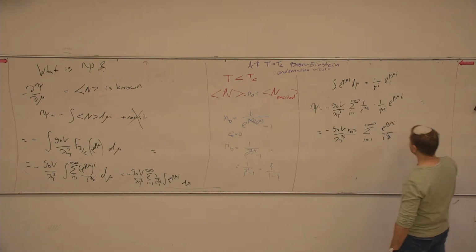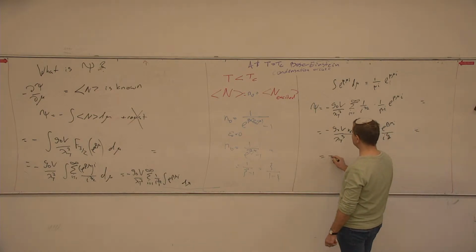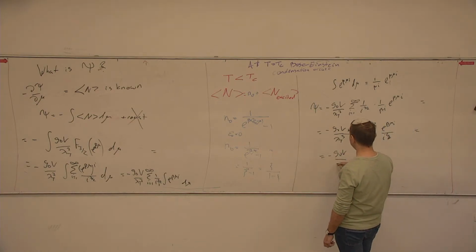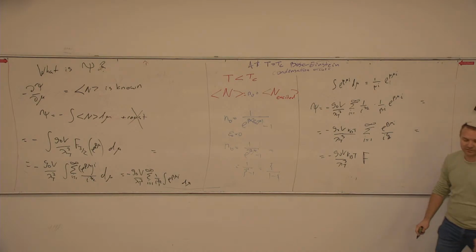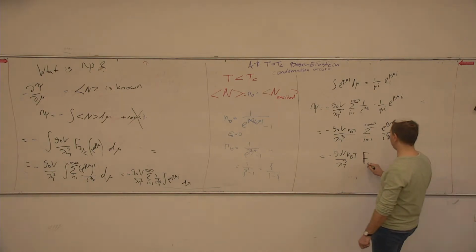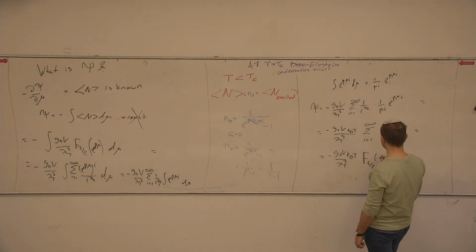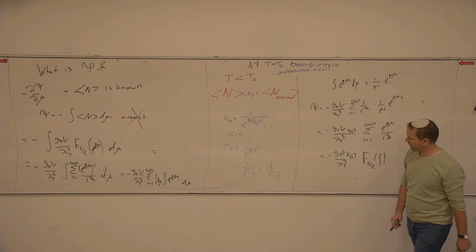Okay, we can say that this is minus g0v divided by lambda t to the third k Boltzmann t, and here is the polylogarithmic function of the 5/2 order of the fugacity.